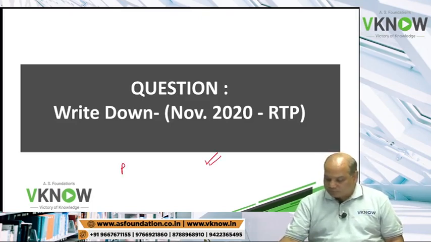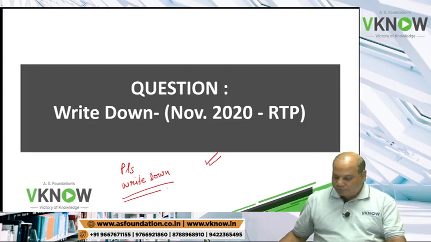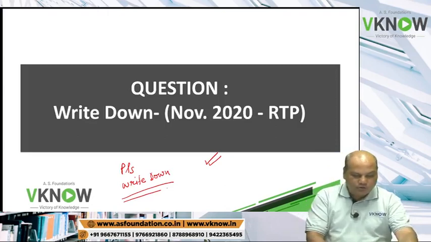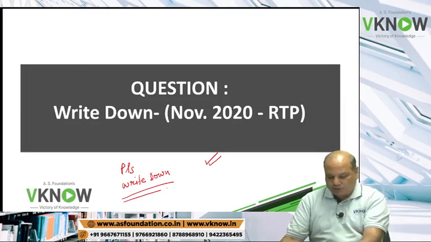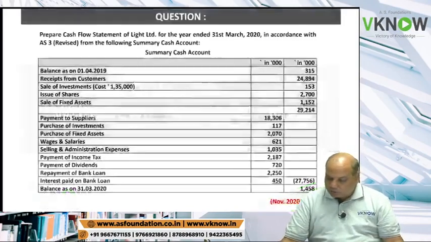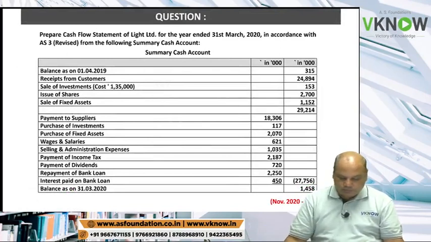Please write down a question from November 2020 RTP. The Institute has recently asked a lot of questions on cash flow statement. So we are going to solve one question, but first you have to write it down.